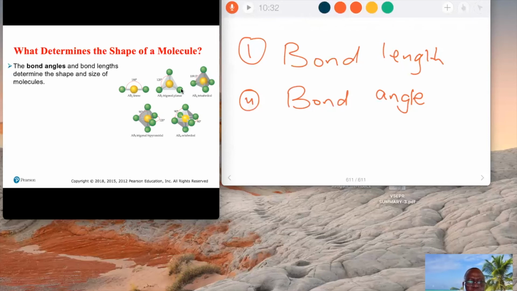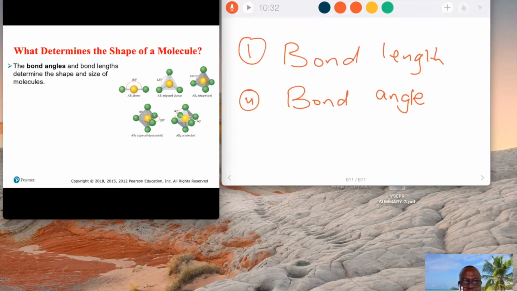These are 1, 2, 3, 4, 5, the five molecular shapes you need to remember in describing the molecular geometry. When we say linear, learn how the external atoms are aligned around the central atom.